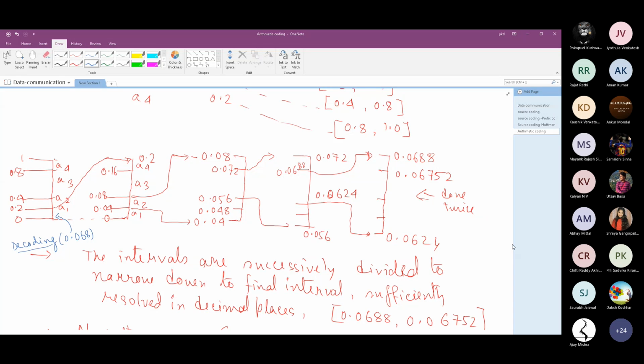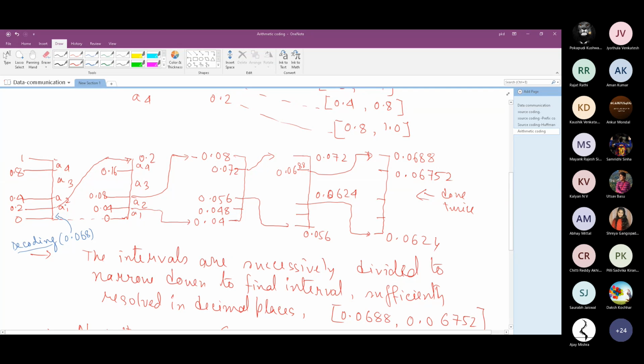Sir, I have a confusion here. The intervals which we have made, A1, A2, A3, A4, we have made by looking at the message signal, and these are the symbols? Yeah, the message signal only, the sequence in the message signal, but 0.2, 0.4 are given by the probability table.